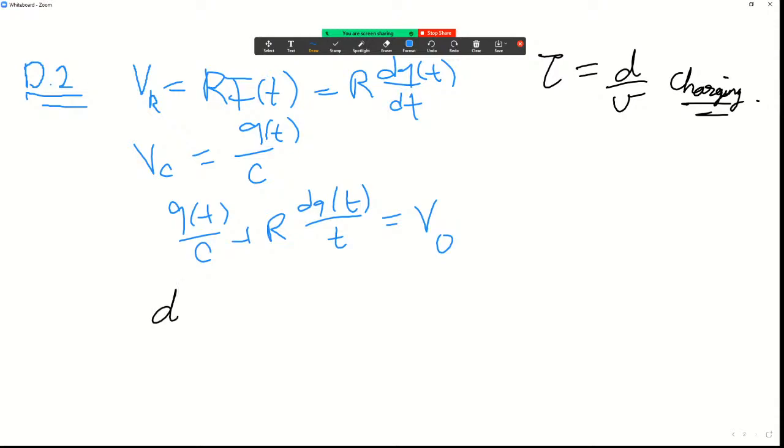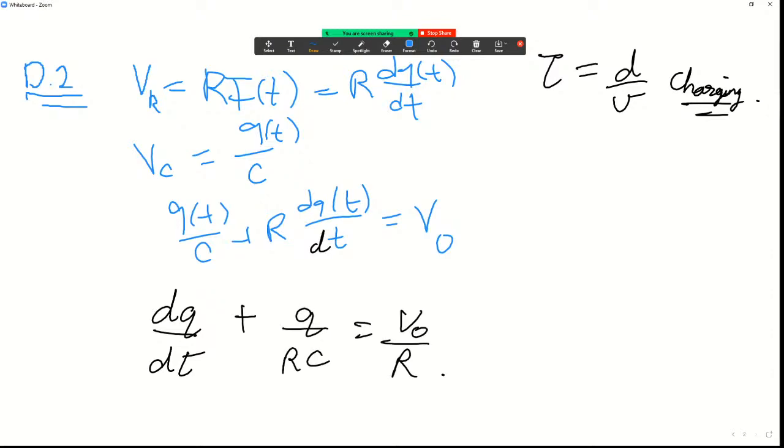So it would become dq by dt plus q by RC equals V naught by R. So we have the integrating factor as e to the power integral of 1 by RC dt, so e to the power t by RC.